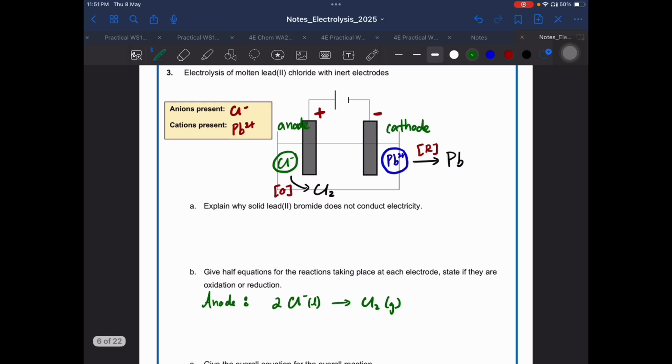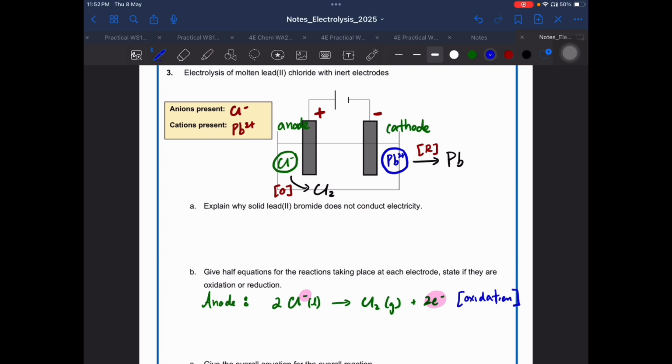But this is about oxidation, right? So there must be a loss of electron. How many electrons should come out? There should be 2 of the electron, because it's 2 of negative charge. Therefore, there should be 2 electrons coming out. So that's what is happening at the anode. And this, like what I said earlier, an ox red cat, this is a type of oxidation.